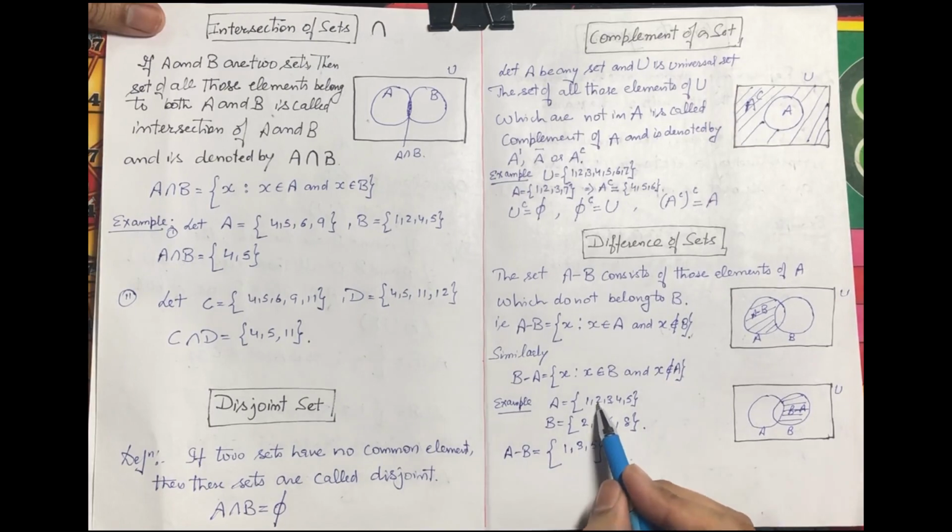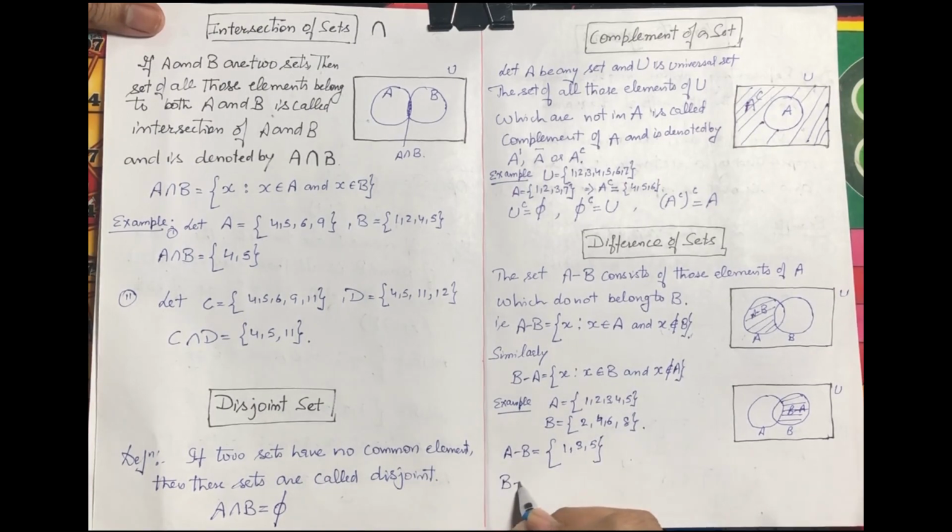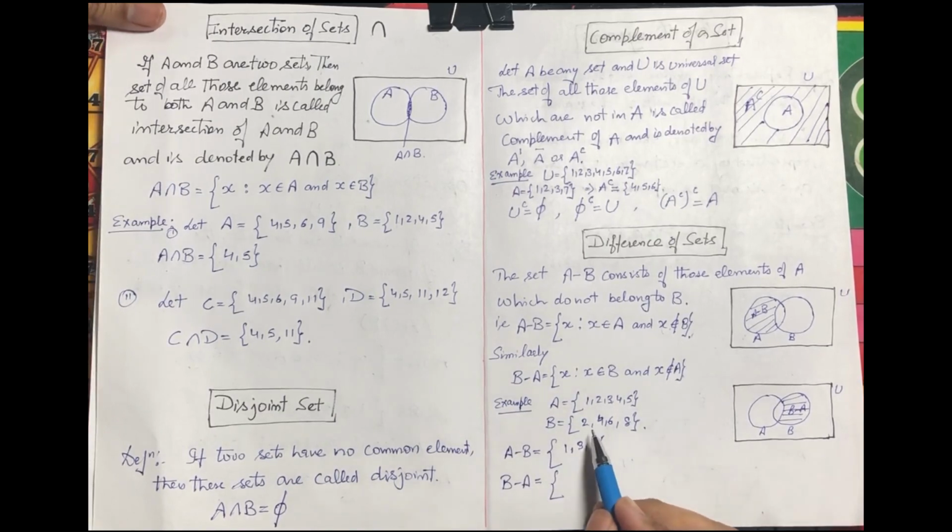You see, 2 and 4 are already in B, so we leave them. We only write 1, 3 and 5. And B minus A, all those elements of B which are not in A, what are those? Only 2 elements, 6 and 8. So this is how we write the difference of sets.